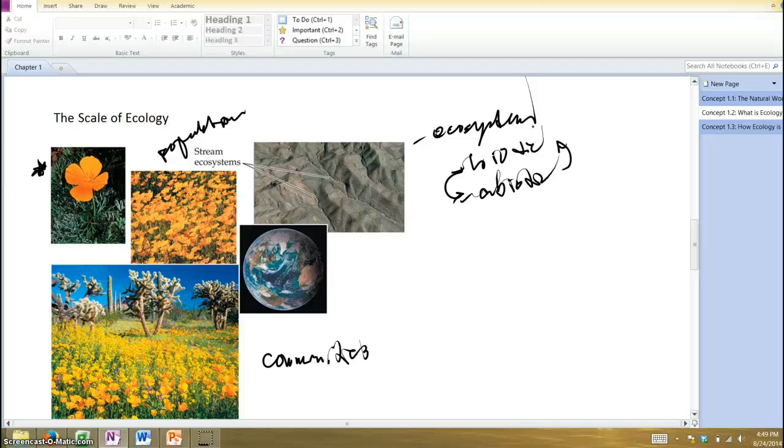Another level, sort of the next level up, is what's called landscapes. Relatively large areas of land that can often have multiple types of ecosystems. And then sort of at the largest scale, we have the biosphere, which is the area of Earth, at the surface of the Earth for the most part, where living things are found.